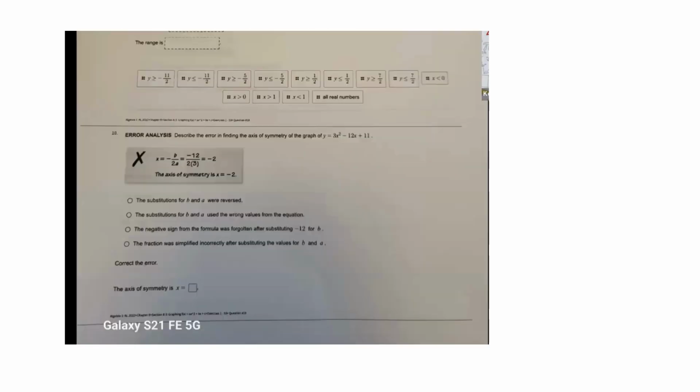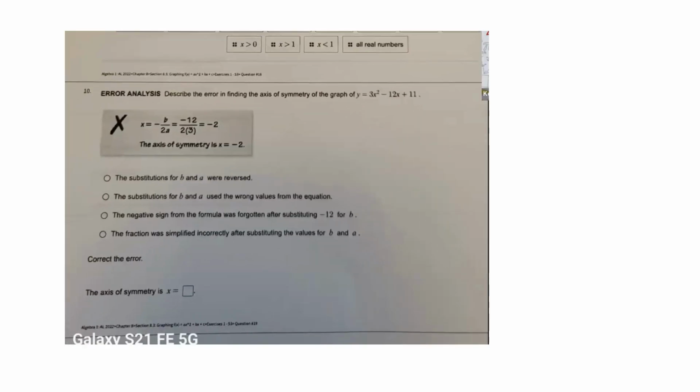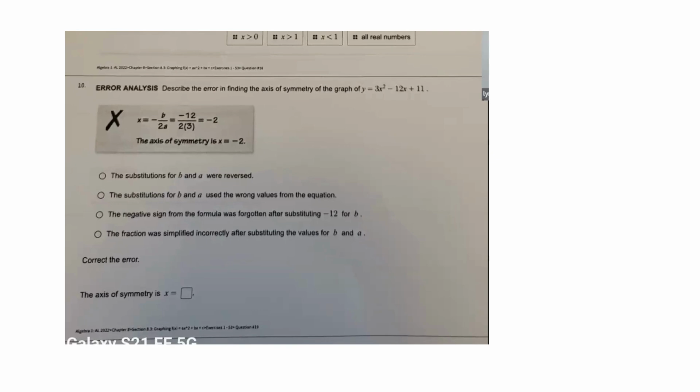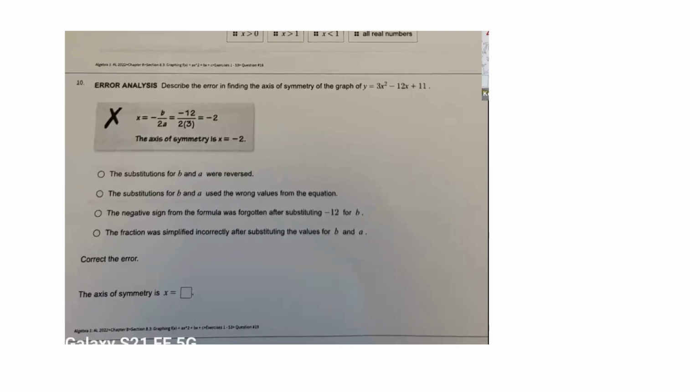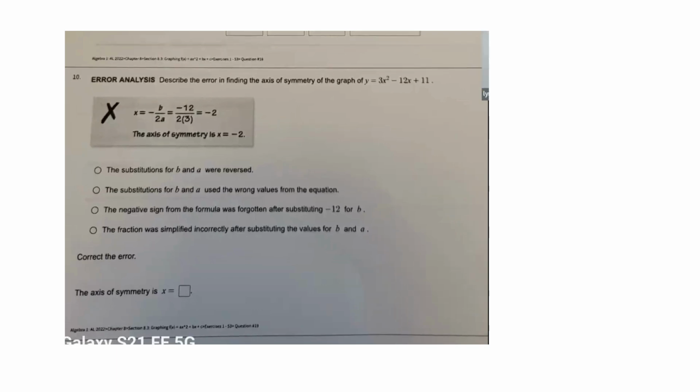Number 10, error analysis, our favorite kind. Let's look at how we should do this to find the axis of symmetry. To find the axis of symmetry, it's x equals opposite b over 2a.